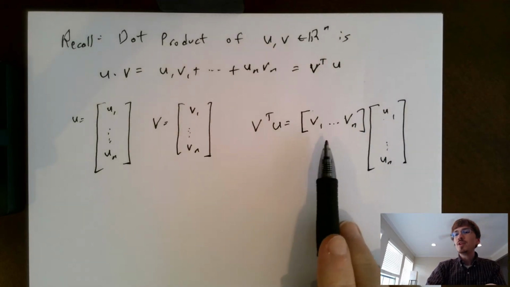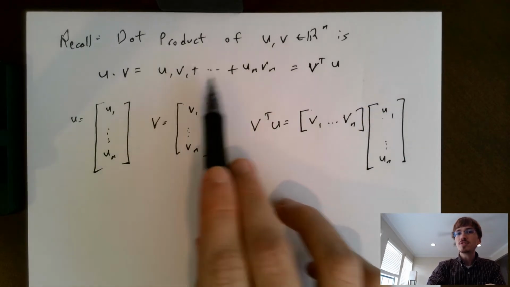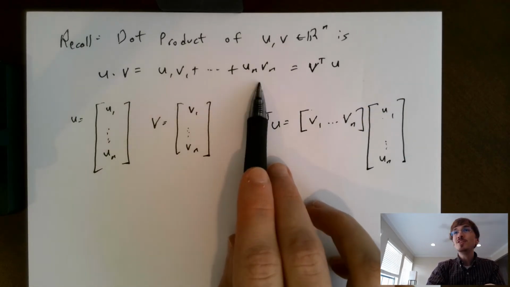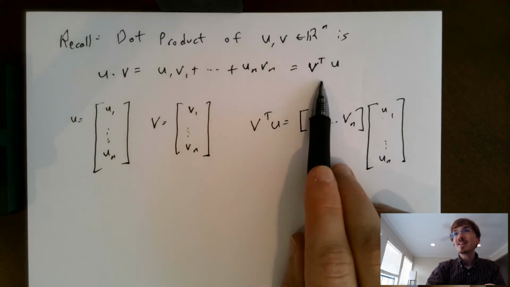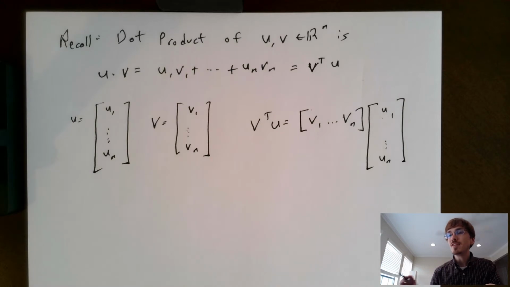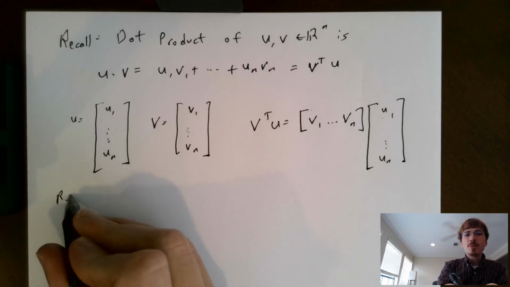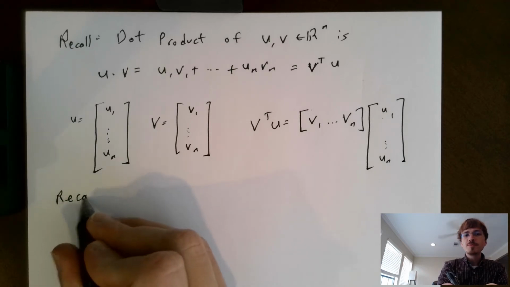And whenever we do the multiplication, we indeed get v1 u1 plus all the way down to vn un. And this is technically a 1 by 1 matrix, and this is technically a scalar, but we know that we can identify these two quantities in the obvious way.